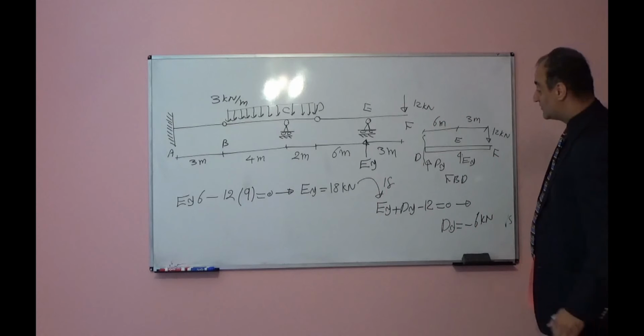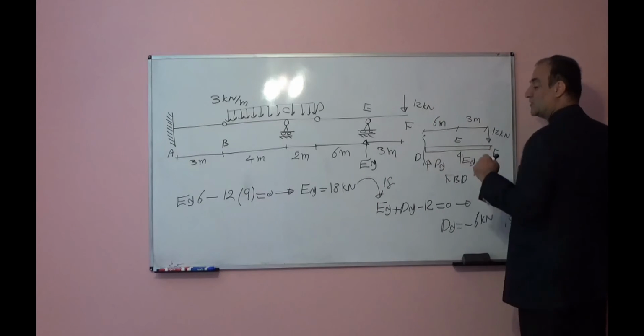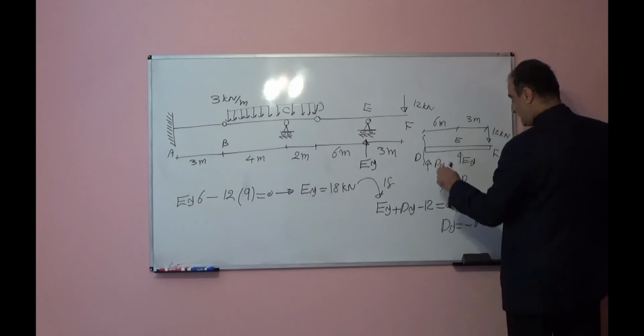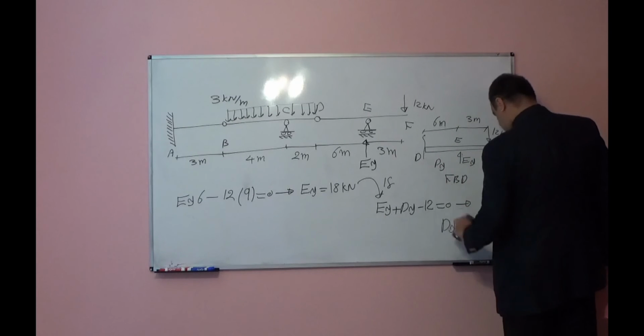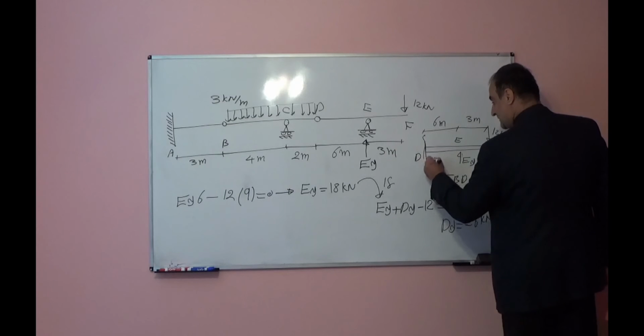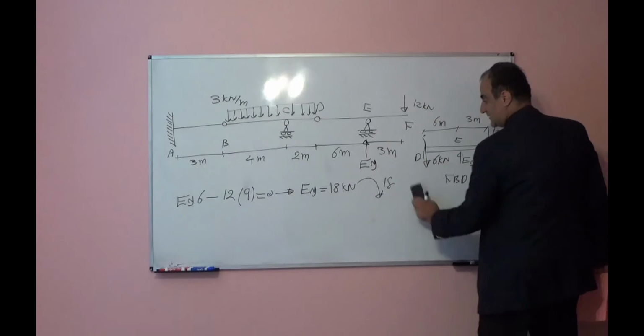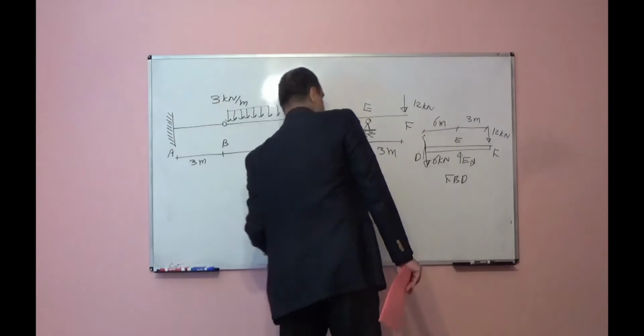Negative 6 kilonewton means the initial direction I assumed for DY is wrong. I assumed upward. It should be downward. So I can change the direction, and this will be 6 kilonewton. So now if I draw this part, free body diagram, one more time.